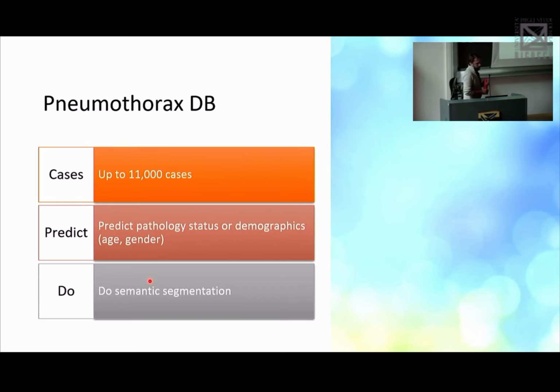The other option is, again, to do the semantic segmentation in this database. For all the subjects that do have the pathology, there is a segmentation mask, and you can try to automatically recover it from the images. This is a task which is relatively hard using non-AI-based methods.